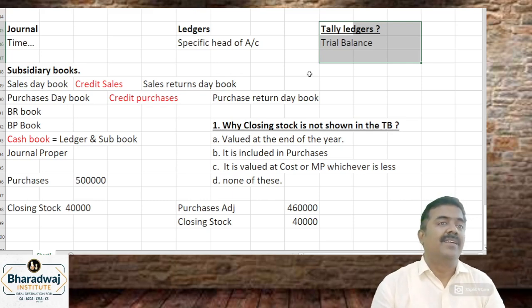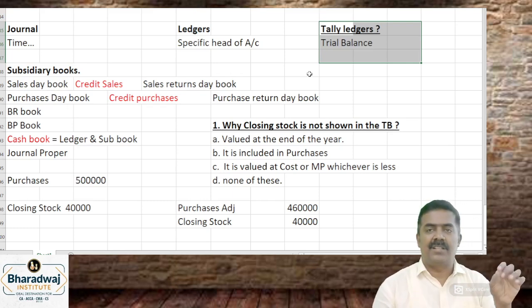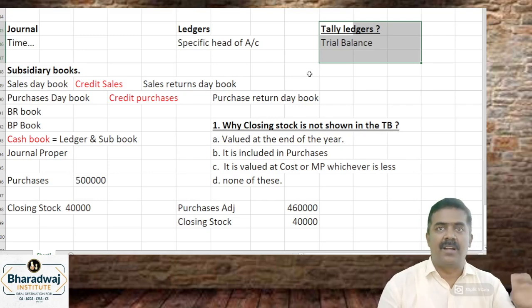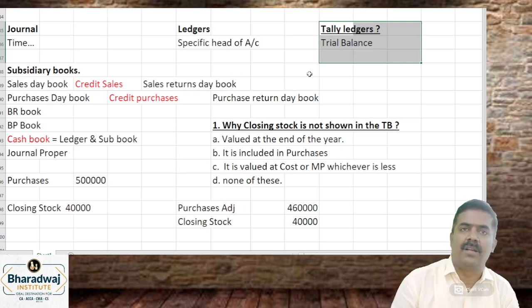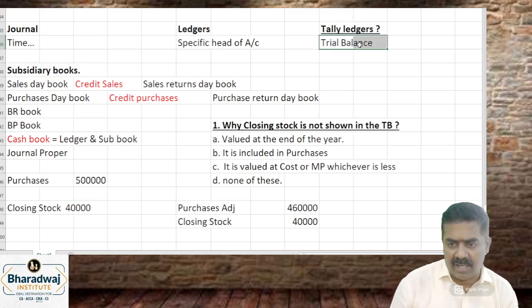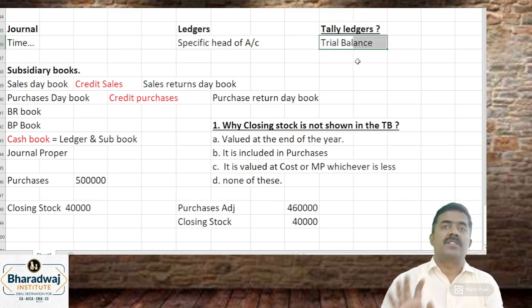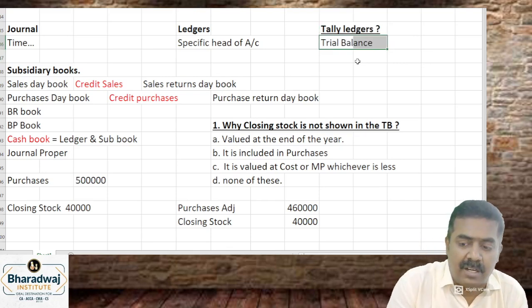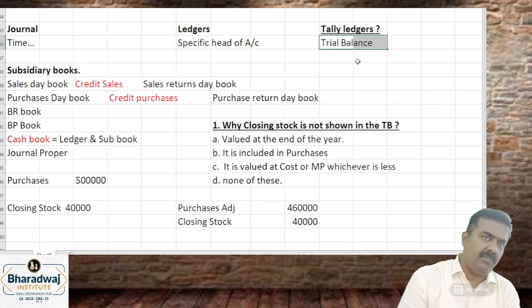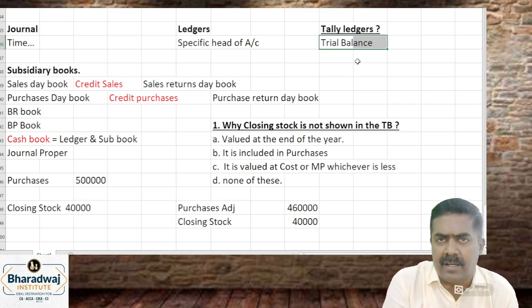No. Why? If the ledger doesn't tally and there is some closing balance, it will come to the trial balance. When the trial balance is not tallying, the accounts are not arithmetically correct.